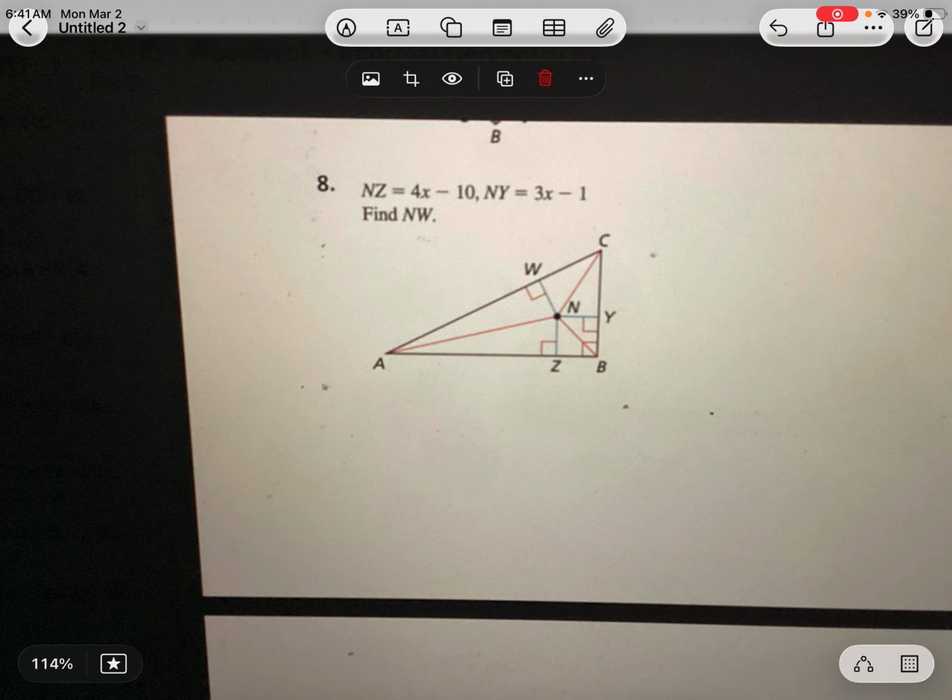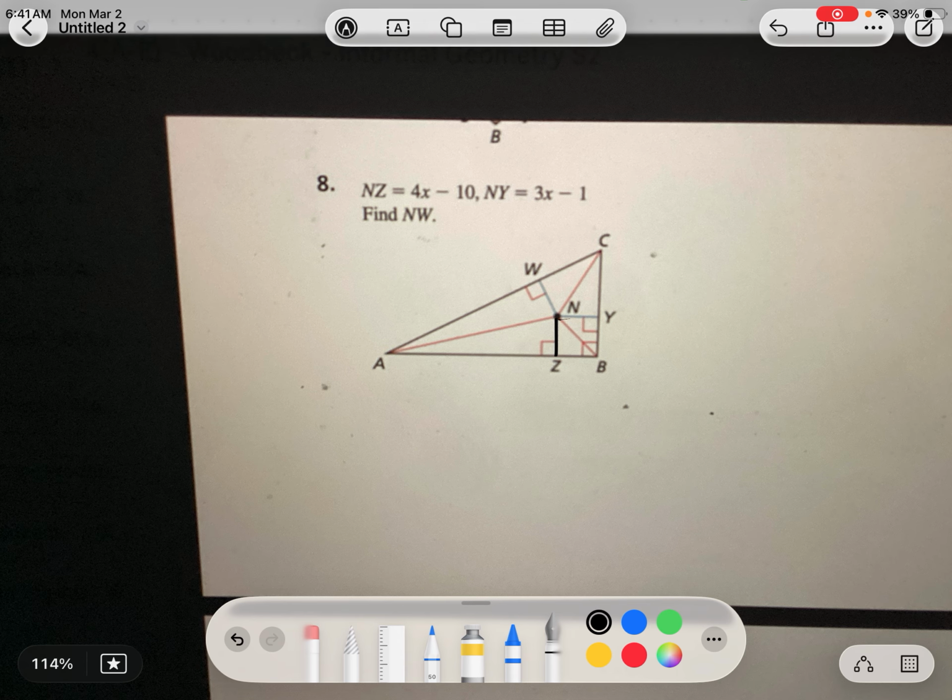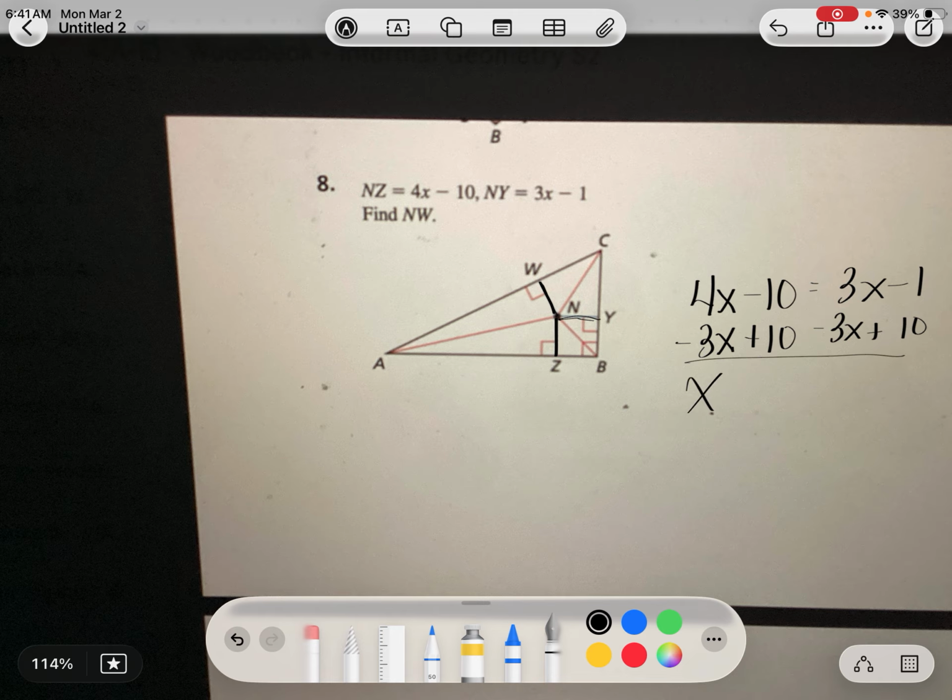Eight, same type of deal. When you see this, these are all the same. Those are called incenters. So if I set them equal to each other, 4x minus 10 equals 3x minus 1. Subtract 3x over, add 10. I get x equals 9.